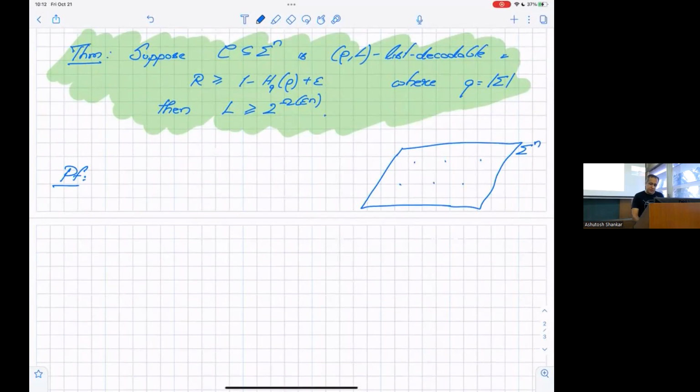What I want to say to you is there exists a word y such that around it, in a rho-ball around it, there are way too many codewords. So we have to lay our hands on such a y. You pick the y randomly and show that a random y has this property. I know nothing else about the code except the rate of the code. So let's choose y.